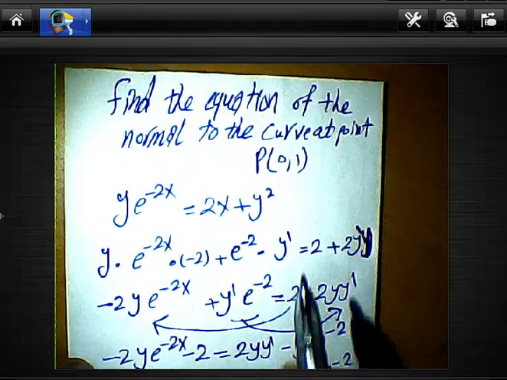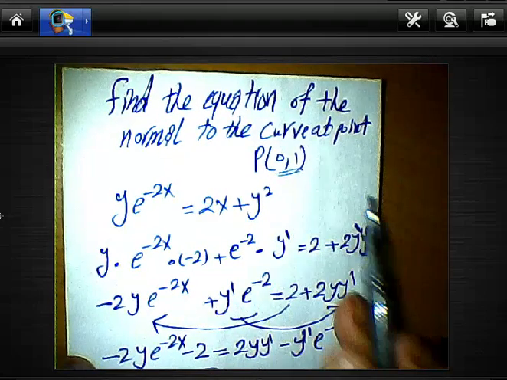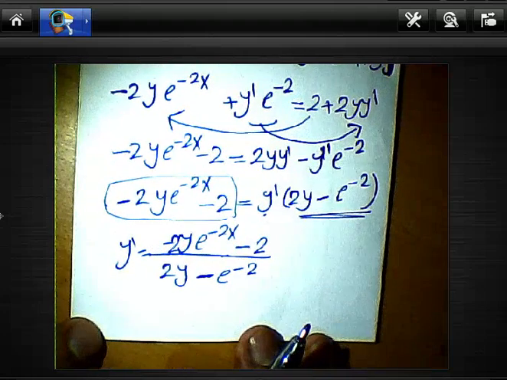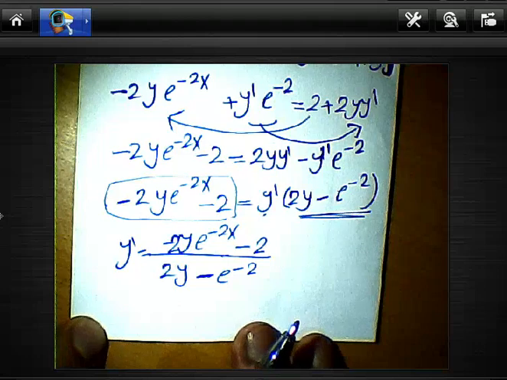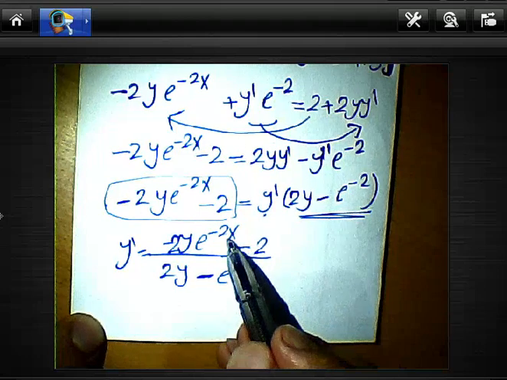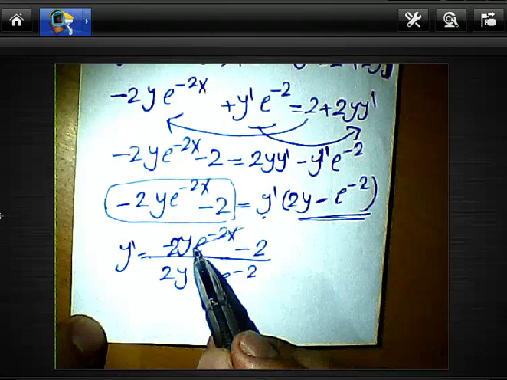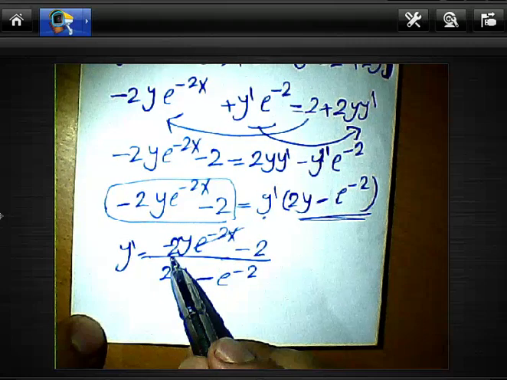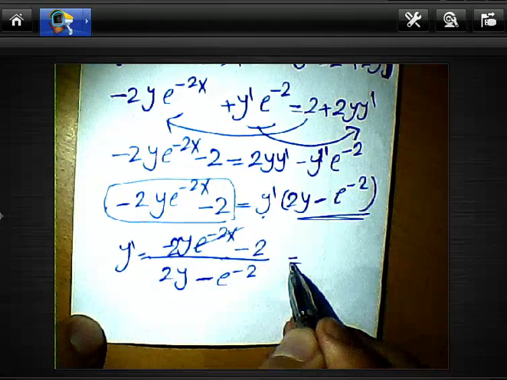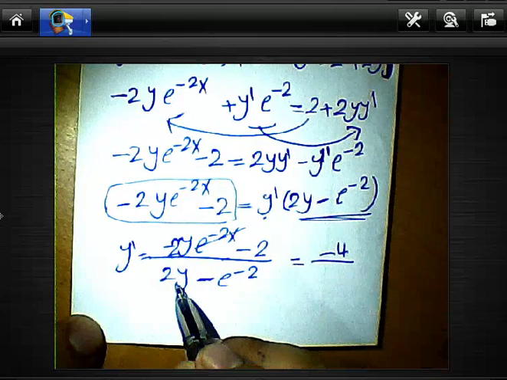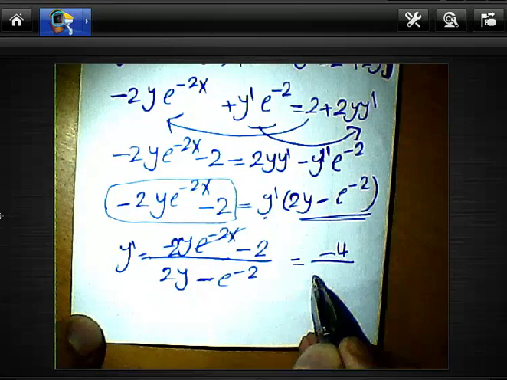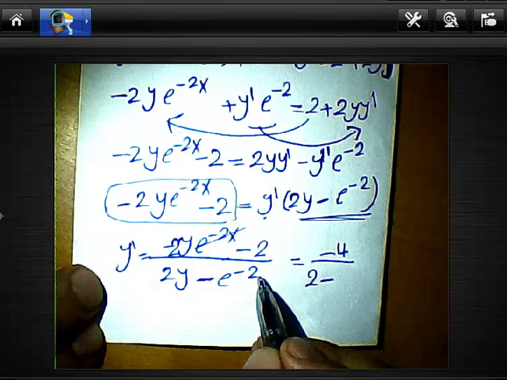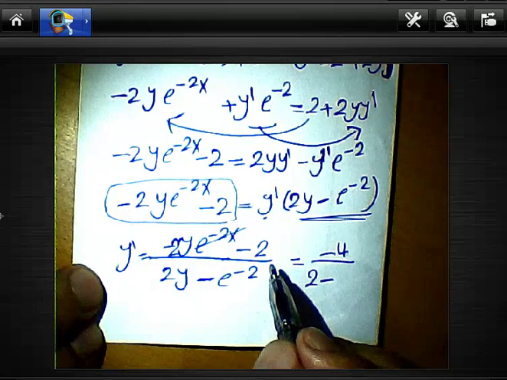And he told us about this point 0 and 1. We can write about this power, x will be 0 and y will be 1. The result will be negative 2 subtract 2 equals negative 4, over 2 multiply 1 equals 2, subtract e power negative 2x.